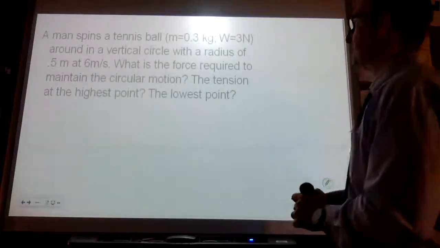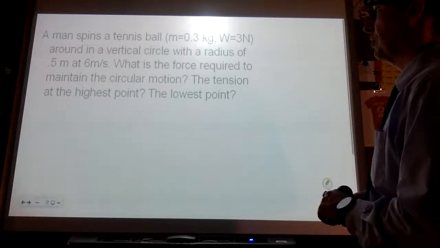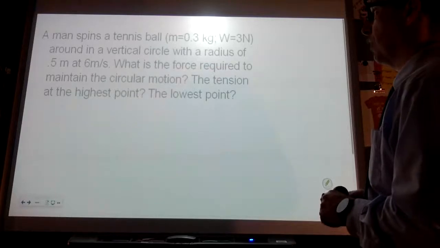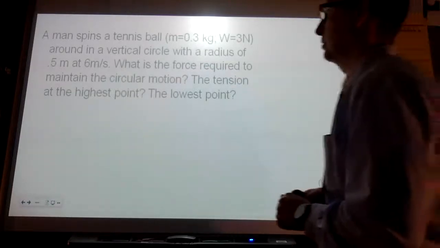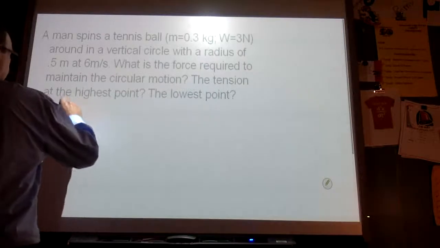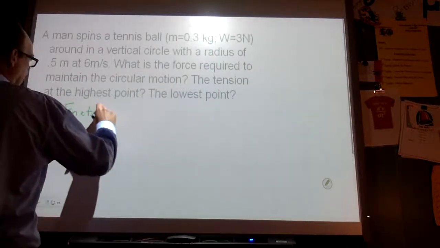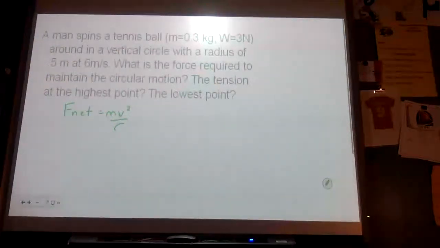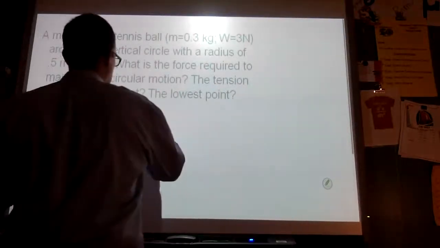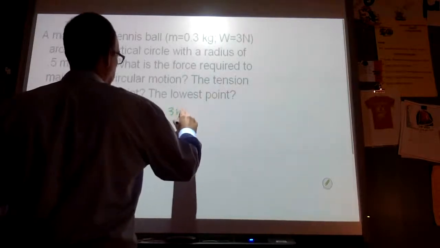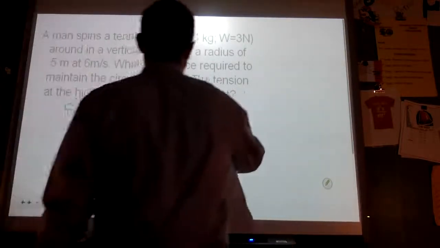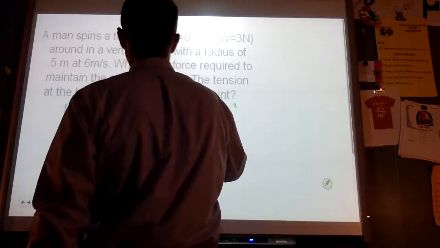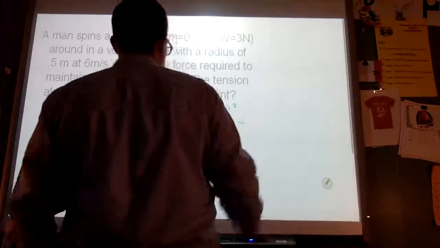All right, a man spins a tennis ball around in a vertical circle with a radius of 0.5 meters at 6 meters per second. What is the force required to maintain the circular motion? So this centripetal force is equal to mv squared over r. So this is going to be equal to 0.3 kilograms times 6 meters per second squared divided by 0.5 meters.